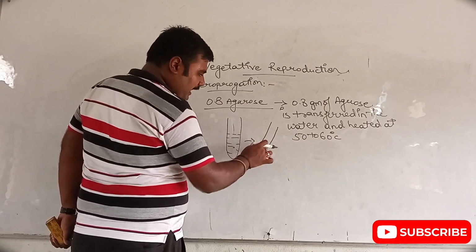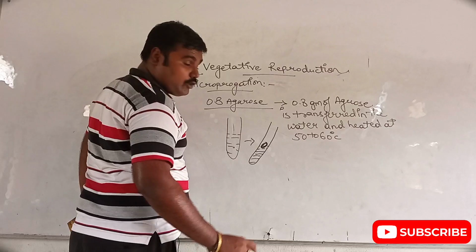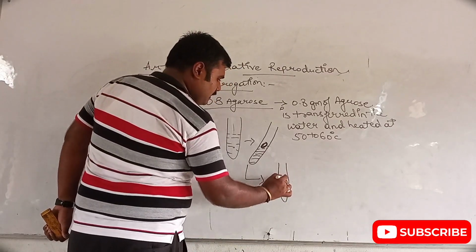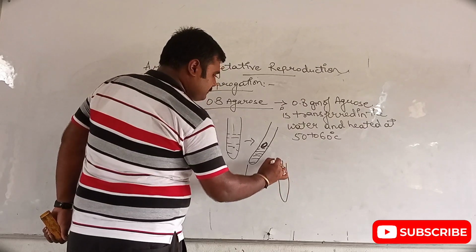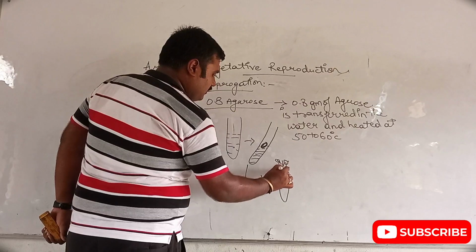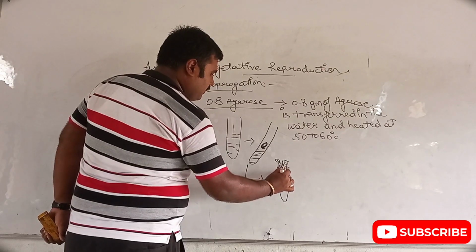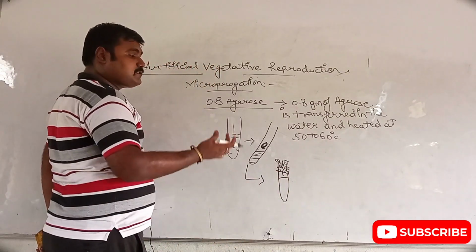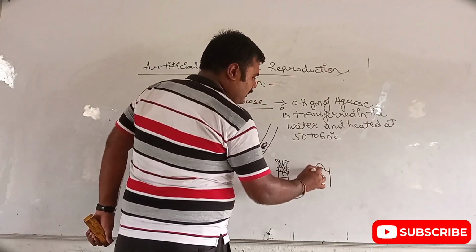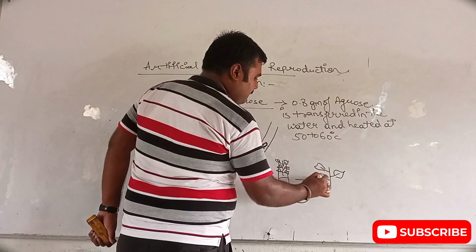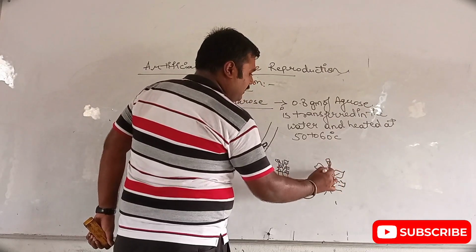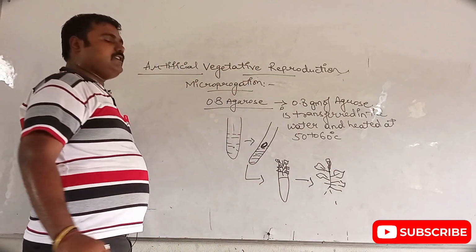Later on, the part which is transferred on the agarose solution will start to sprout, which will later form a complete small plant, which can be transferred outside in the soil and can develop into the complete plant.